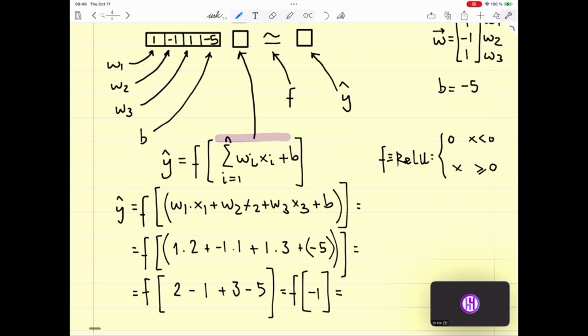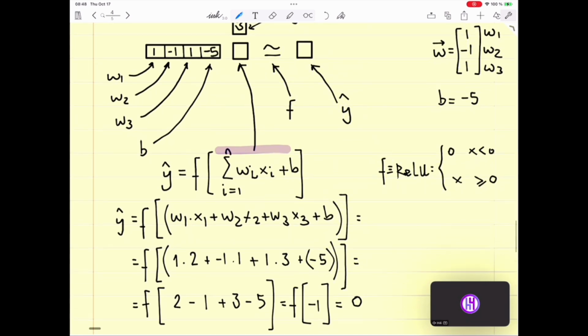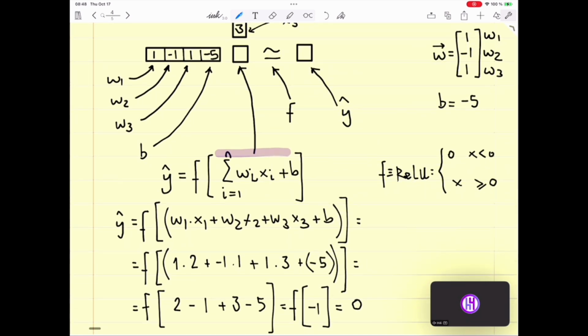And because we have a ReLU, and minus 1 is smaller than 0, this is equal 0. Okay? Is it understandable?